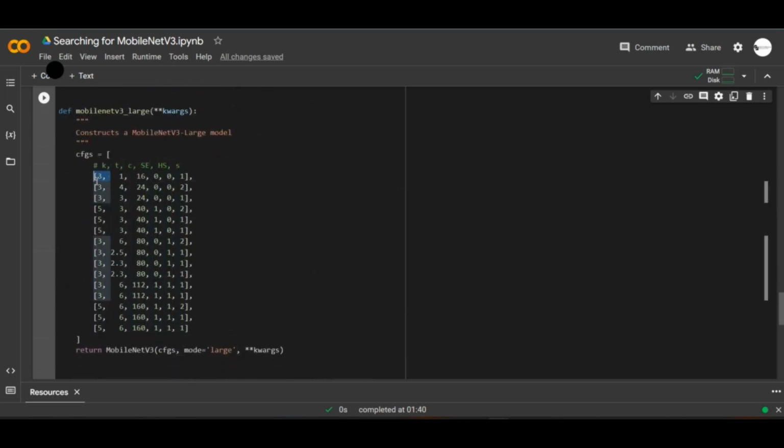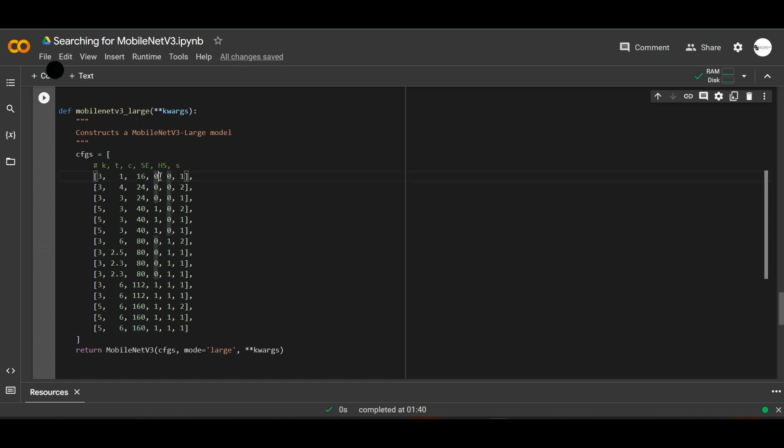The K in this case is the expansion factor for the layer, so it determines the number of output channels relative to the number of input channels. The T is the depthwise expansion factor, which determines the number of input channels for the depthwise convolution. Then the C is the number of output channels for that layer.